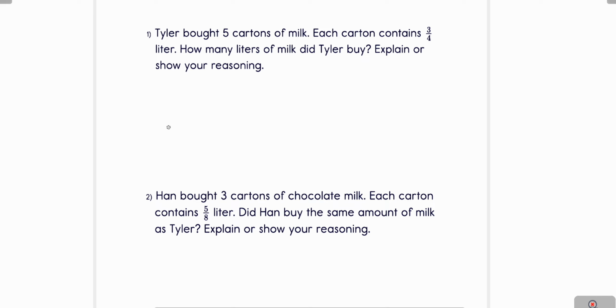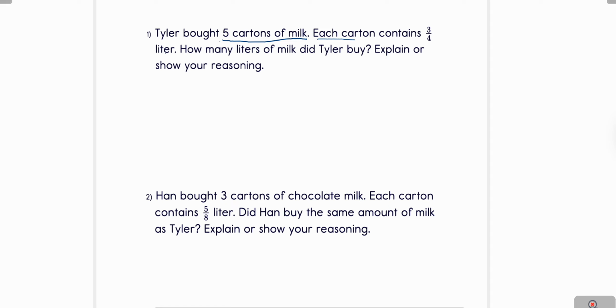Okay. Try to pause the video and try this out for yourself. Okay, so let's see the important information. Tyler bought 5 cartons of milk, and each carton contains 3/4 liter.